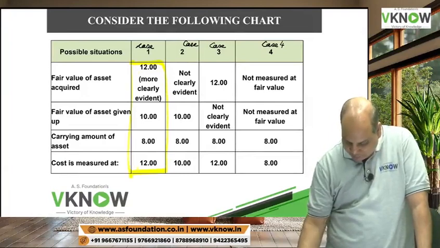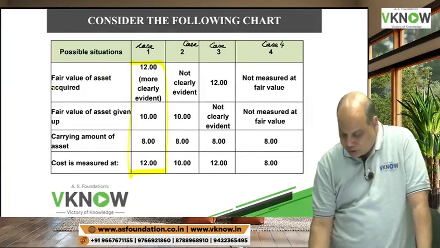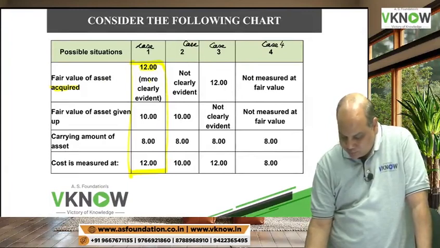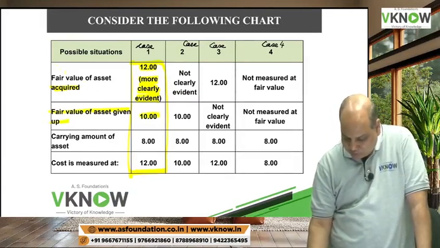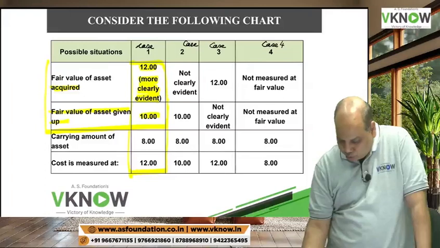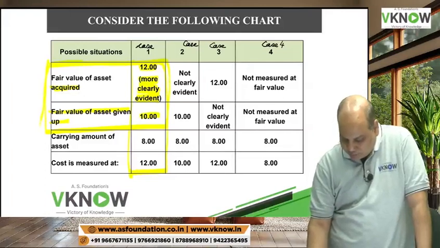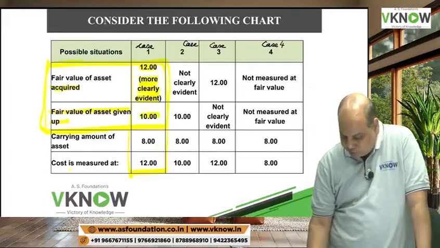Here, fair value of the asset acquired is 12. Please write down more clearly evident. Fair value of the asset given is 10. Fair value of both are available. Carrying amount is 8.